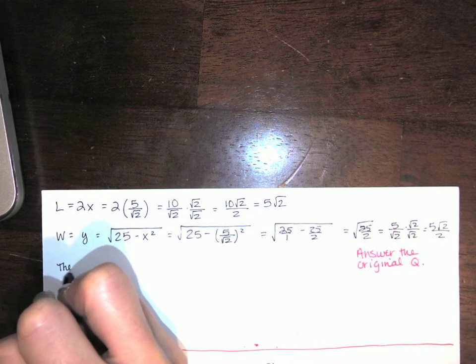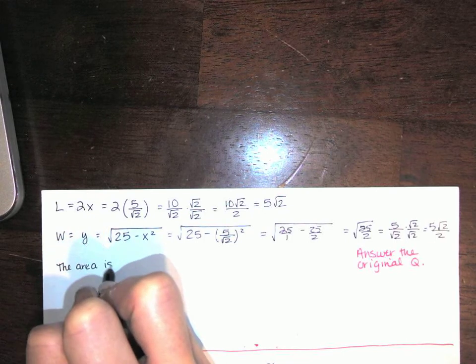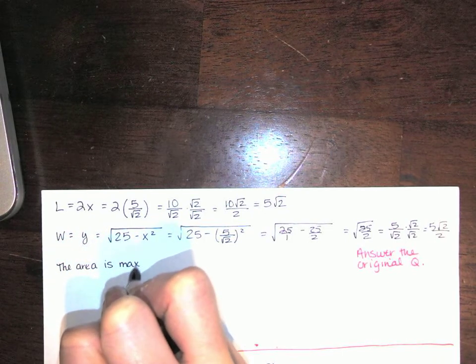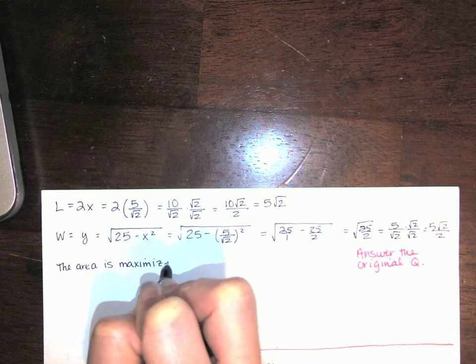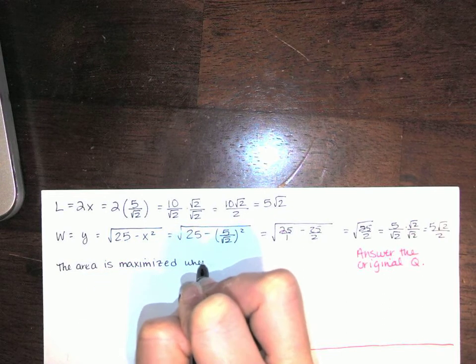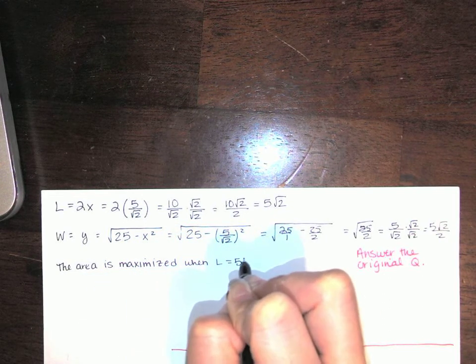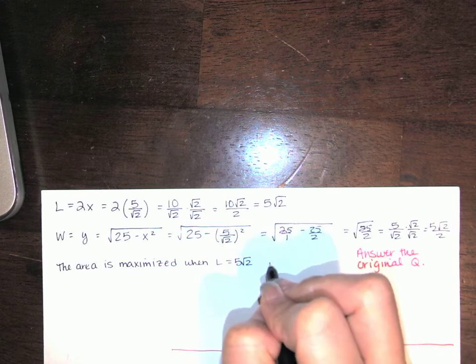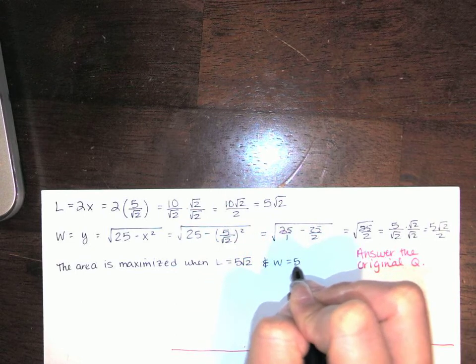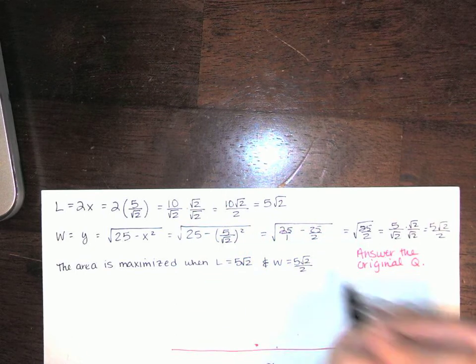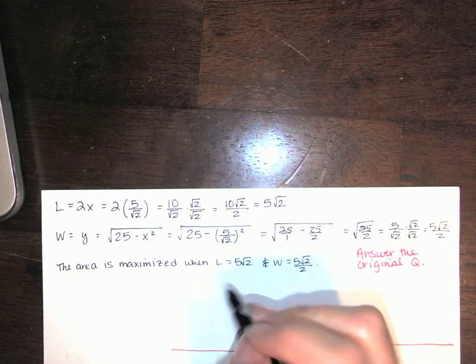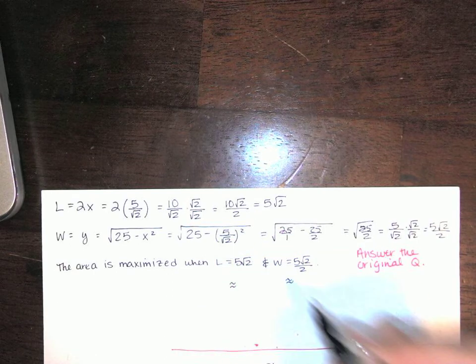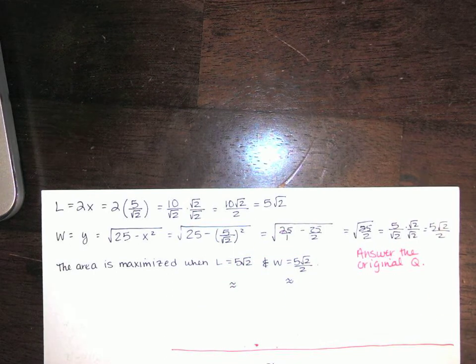Yes, we'll say the area is maximized when the length is 5 times the square root of 2 and the width is 5 times the square root of 2 over 2. And let's approximate those numerically and then graph it just to visualize what we've done.